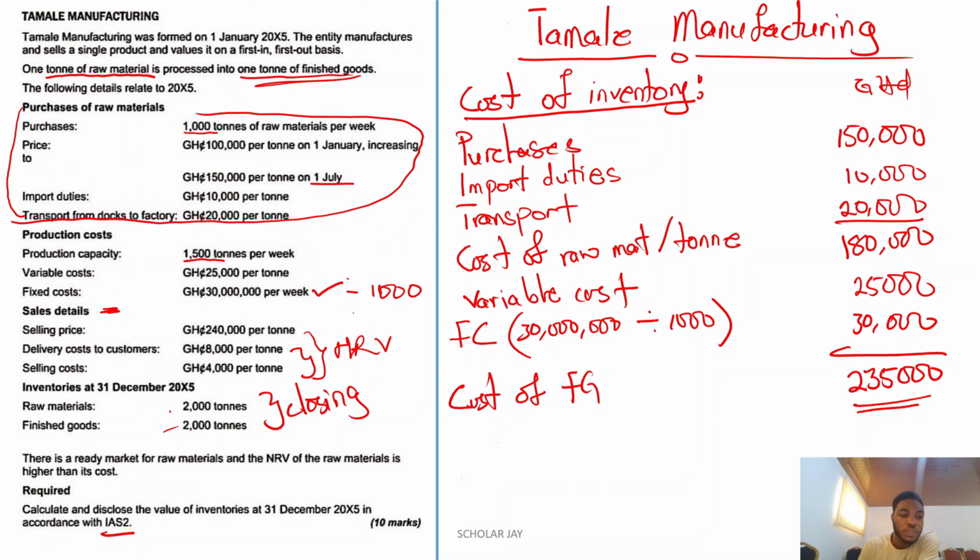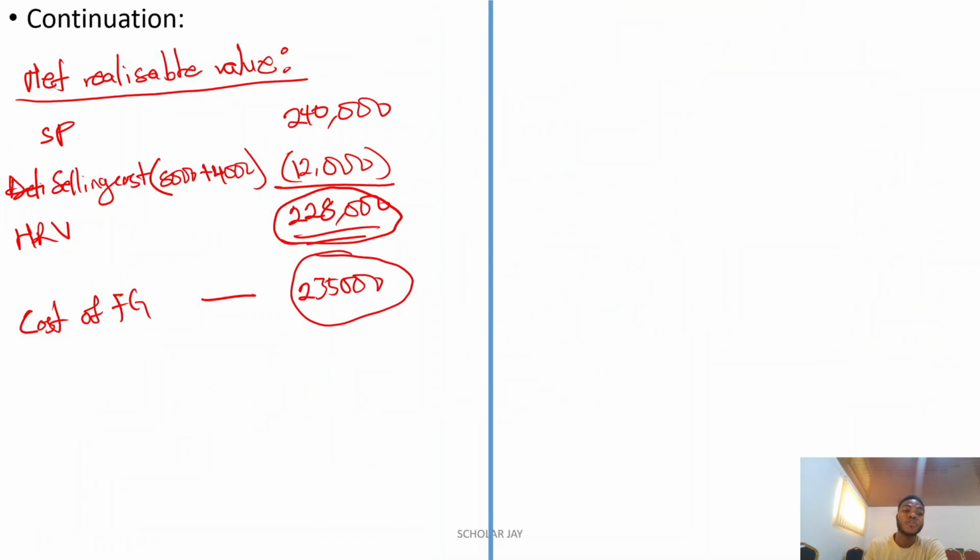So now the question says to calculate and disclose the value of inventories. You should calculate and disclose the value of inventories at the first day by 20x5 in accordance with that. So at the end of the period, in relation to raw materials, we are going to have 2,000 because that's the closing inventory, right?